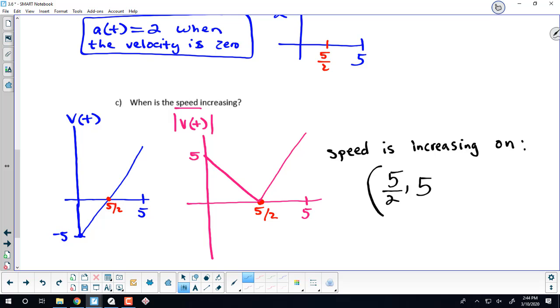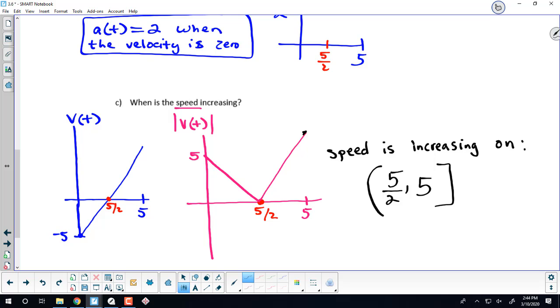Yeah, so I think at this point our speed is still increasing, right? I can see arguments either way, but it depends on how intervals of increasing, decreasing, and constant are defined. Remember that they're usually defined only on open intervals, because it doesn't make sense to say you're increasing at a point.